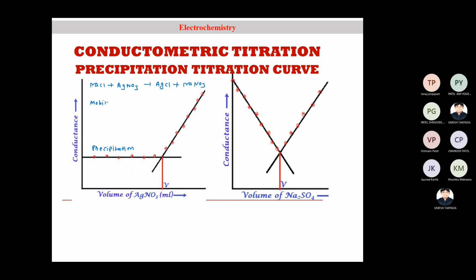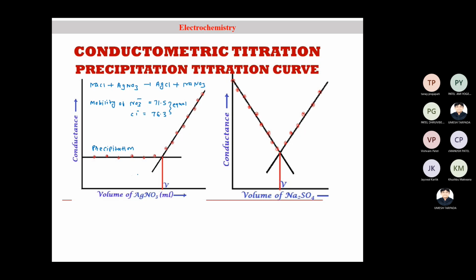The mobility, or you can say conductance, of NO3 minus is 71.5. Cl minus is 76.3, almost equal. And therefore, there is no much increase in the conductance.